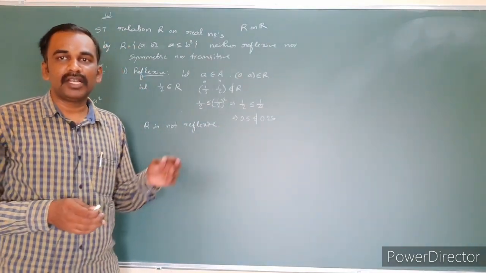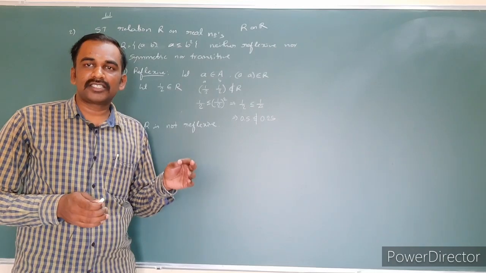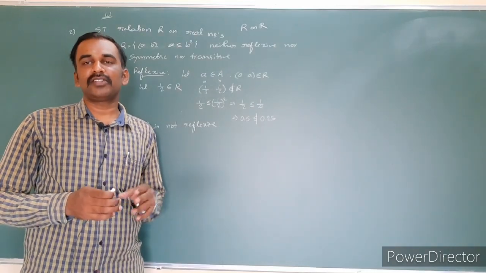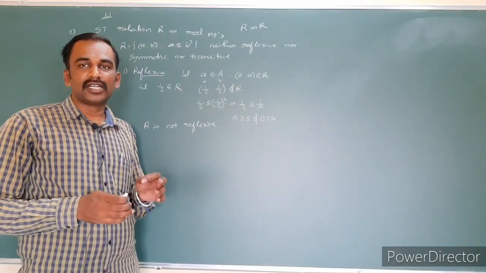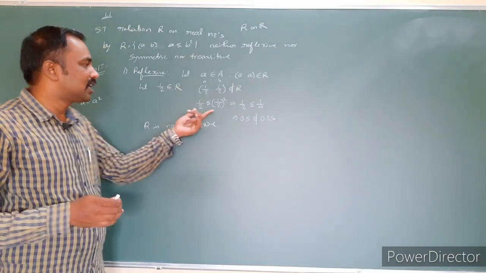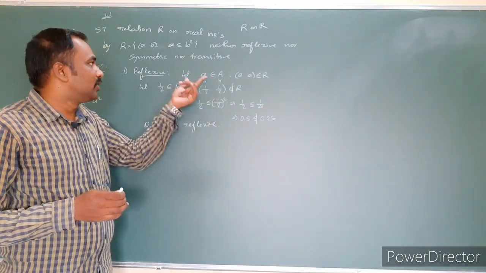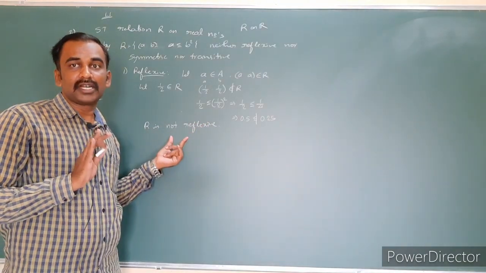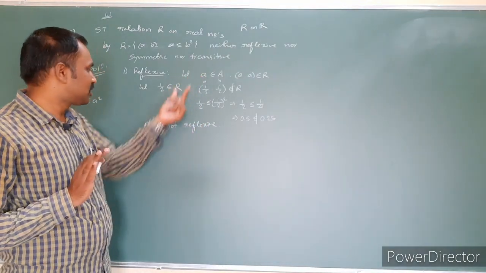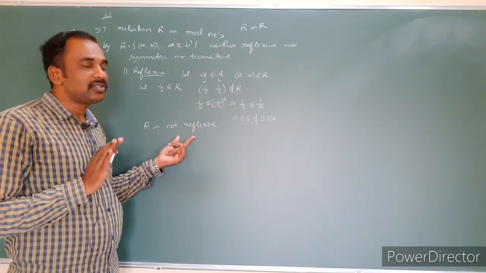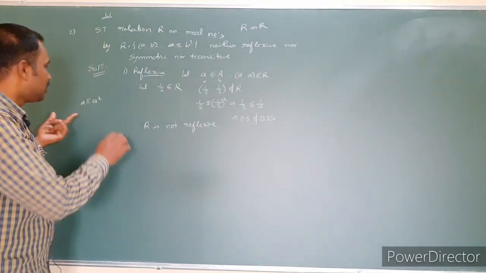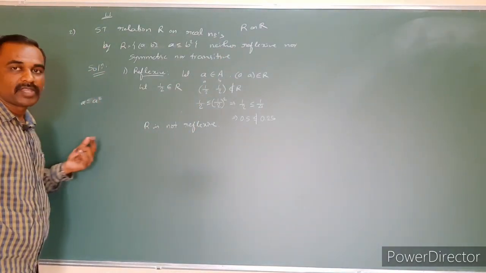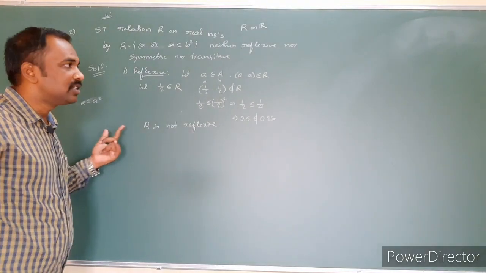What is a counterexample? Wherever the mathematical statement is false, there we need to give a particular number as an example. Here the statement is false, so we have to give a counterexample. Don't say it generally because it is difficult to decide.